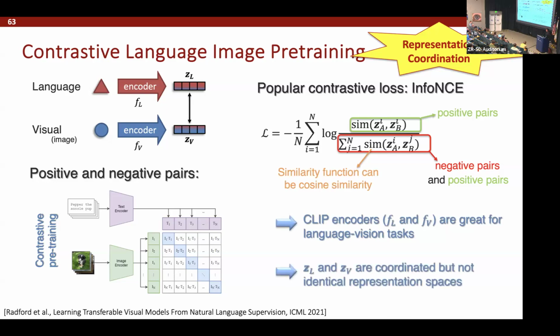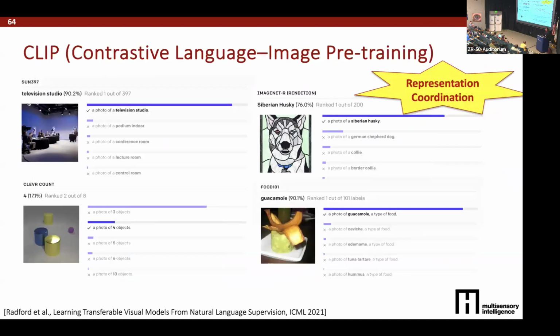And these methods work really well. They're great encoders for language-vision tasks. They keep separate coordinated representations that are not identical, but allow you to do some form of similarity search based on what is nearby. So this allows you to do things like zero-shot prediction. You can take in an image, give it a bunch of captions that you want, and it scores which of the captions is the closest in describing the image.